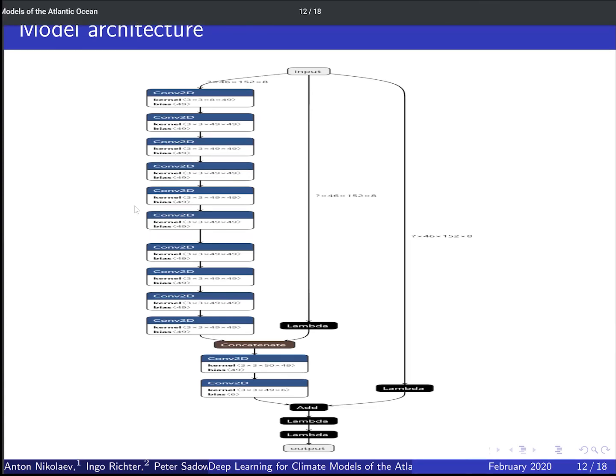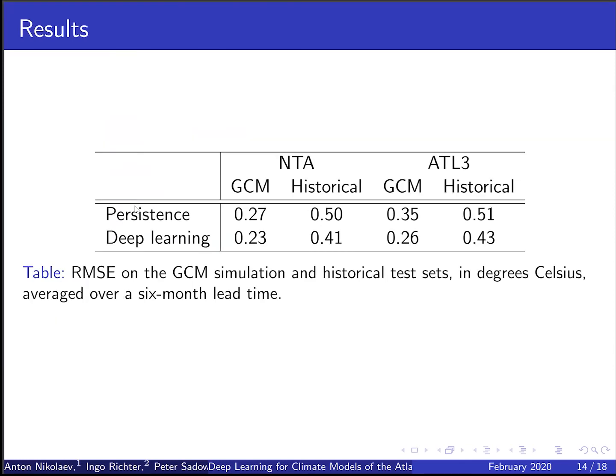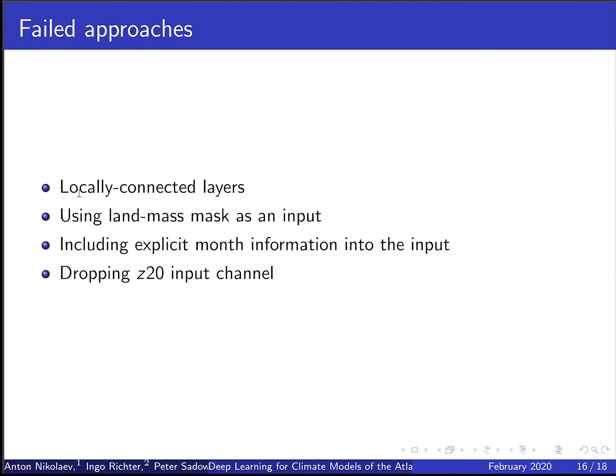The hope was that these layers would be able to catch the local differences between the geographic locations, so basically what I was talking about just a minute ago. And another thing we tried is using the landmass mask as an input and including the month information into the input. And this did not produce a result any better.